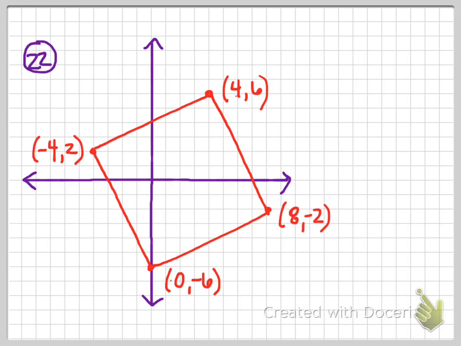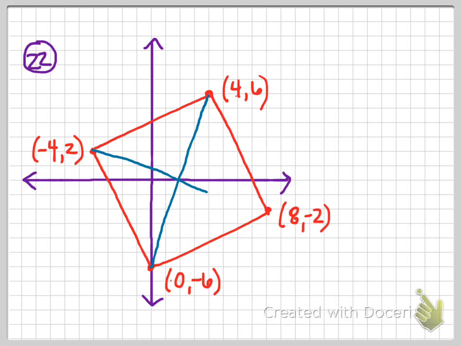So the test I'm trying to figure out is, are the diagonals perpendicular bisectors of each other? There's two components. To be perpendicular, they need to have opposite reciprocal slopes so that they form right angles. Then they have to be bisectors of each other, which means they have to share the same midpoint. So I've got 3 calculations to make.